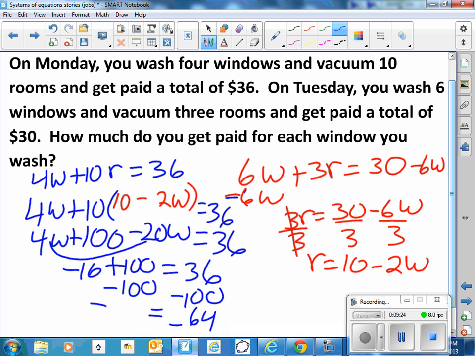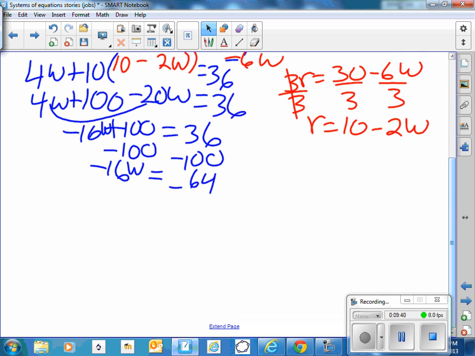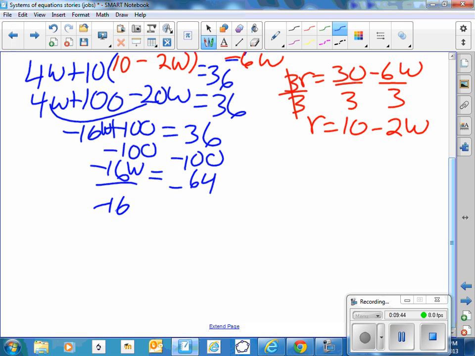And that is negative 16W. Oops, I lost my W. 4W minus 20W is negative 16W. We'll go ahead and divide by negative 16. So for a window I get paid $4.